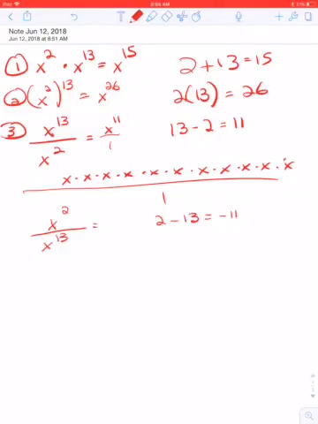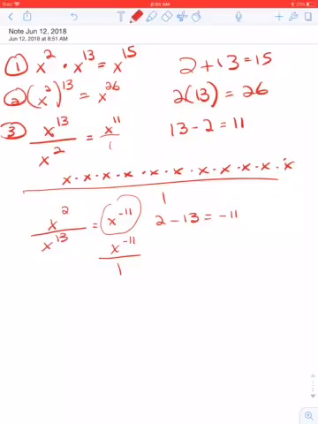So we have x to the negative 11th. Now, the rule with negative exponents, you can't leave your answer like this. So all you have to do, and this seems to be hard for kids at first, is switch it and make it positive.